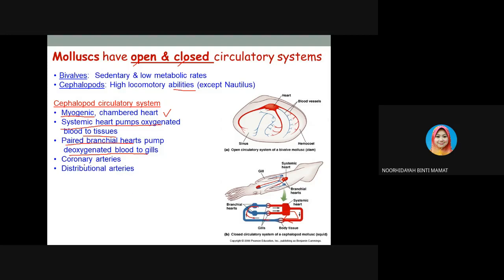The cephalopods also have coronary arteries and distributional arteries.